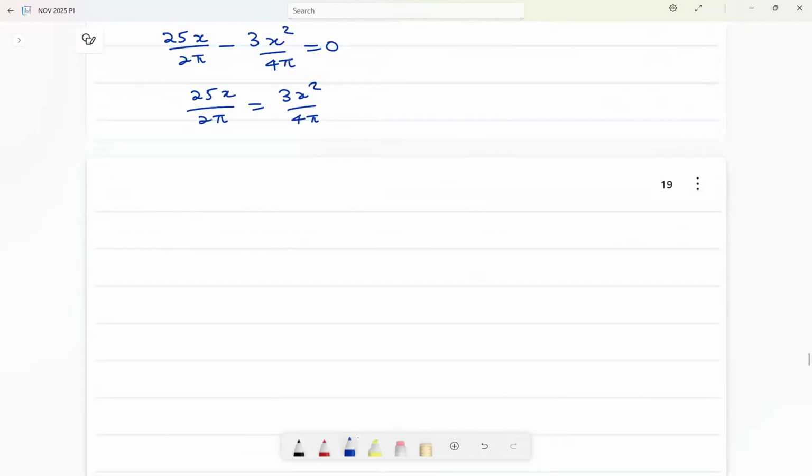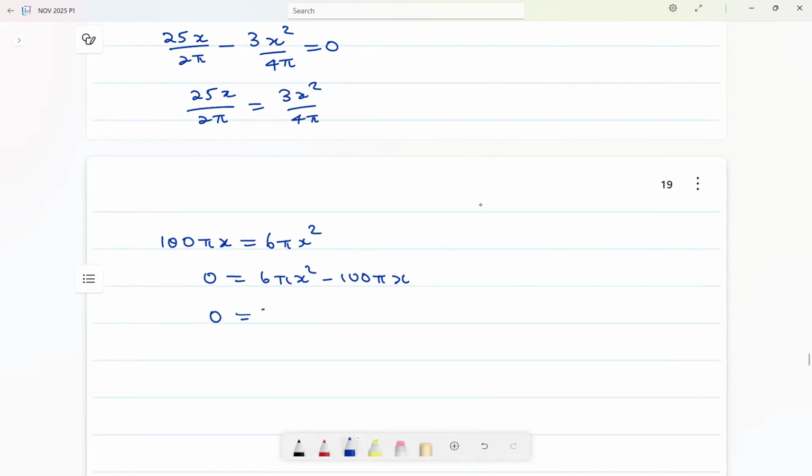And I can just play around with the mathematics, multiply across to the other side. So I'm going to have 100 pi x equal to 6 pi x squared. And then 0 is equal to 6 pi x squared minus 100 pi x. Maybe I'm taking the long route, but I'll do it just to be sure of the answers that I get. What is a factor?